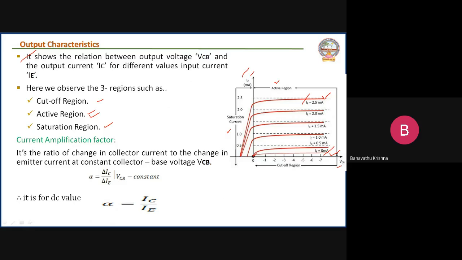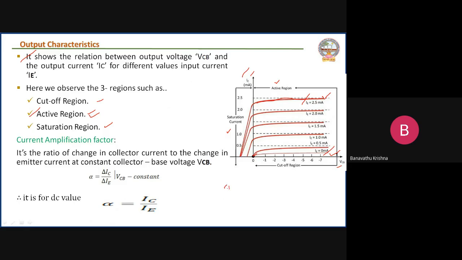Similarly, in the active mode the emitter base junction is forward biased. Due to that, the maximum amount of charge carriers enter the base, but very few recombine, and the remaining enter the collector region. So when VCB has a larger value, the collector current is maintained constant along the x-axis.